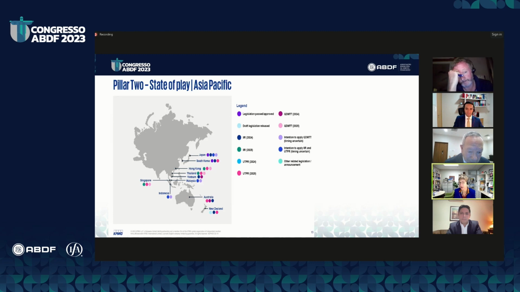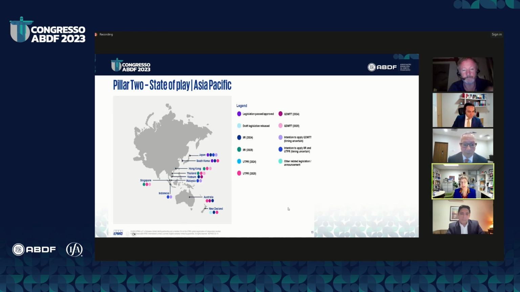Cook Islands and Vanuatu are two examples. There is no news yet about what these jurisdictions will do. But Singapore and Hong Kong have been very active as well. Singapore has engaged from the beginning, even though it's probably not their policy preference to go down the minimum tax route. Nonetheless, they have signed up.